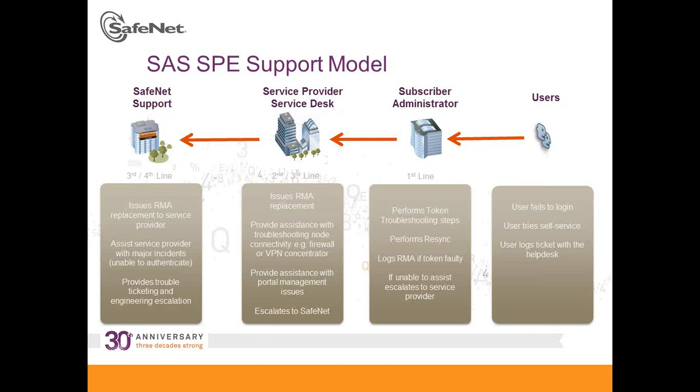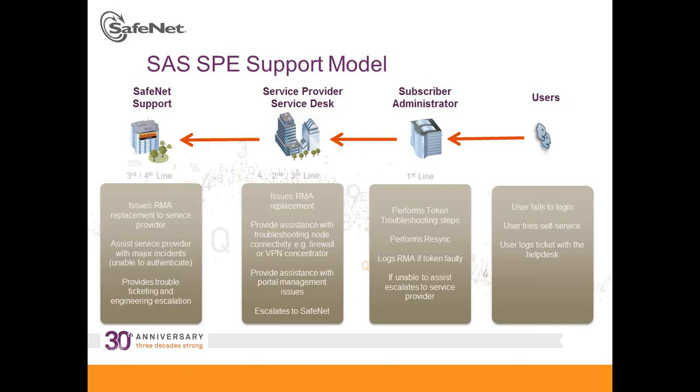The subscriber performs token troubleshooting steps, maybe some resyncing, logging RMAs with the service provider if the token is faulty, or assists in escalating to the actual service provider themselves.